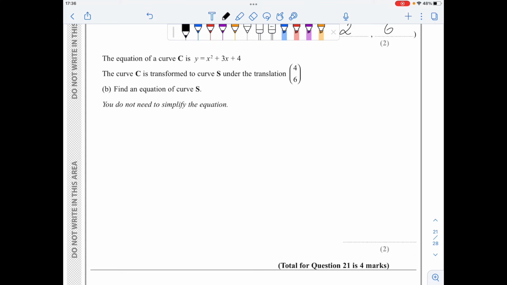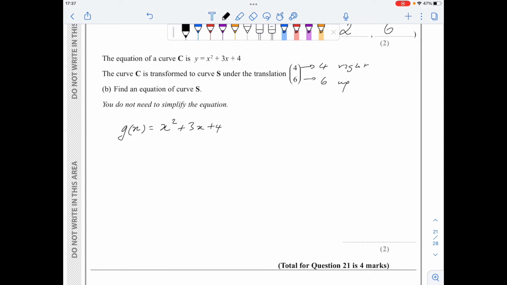For part B, I'm given this curve. Let's call this g of x. So it's x squared plus 3x plus 4. Now this translation is 4 units to the right and 6 units up.